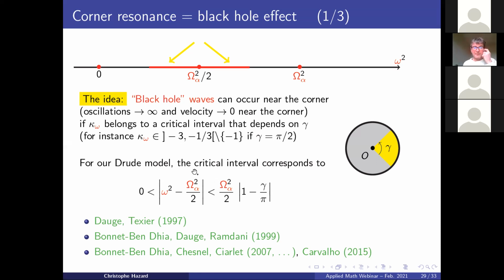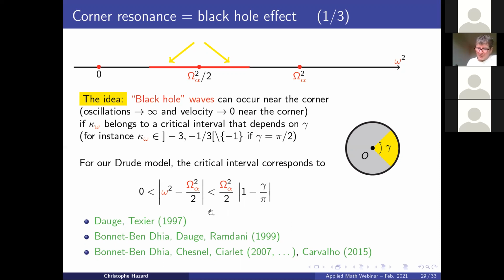And for our Drude model, this critical interval of contrast corresponds exactly to the critical interval given by this formula, but that's what I showed on the picture showing how this interval depends on the angle.